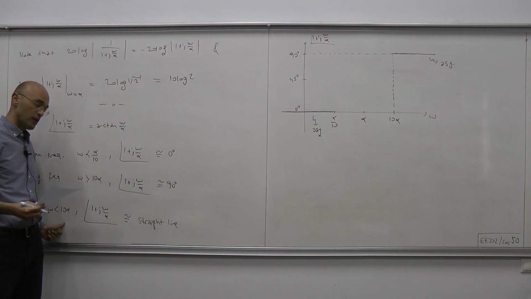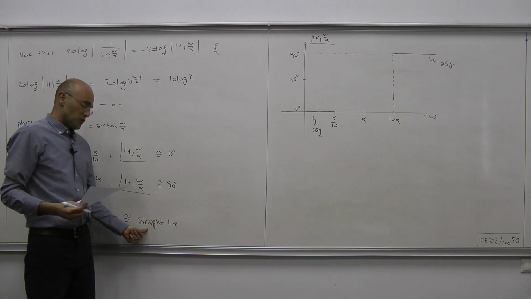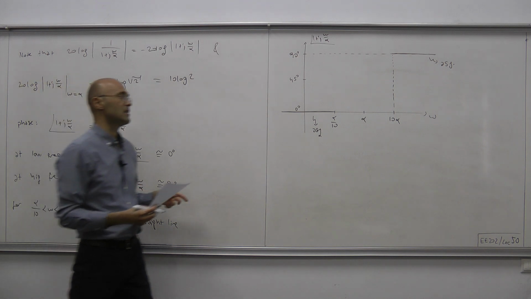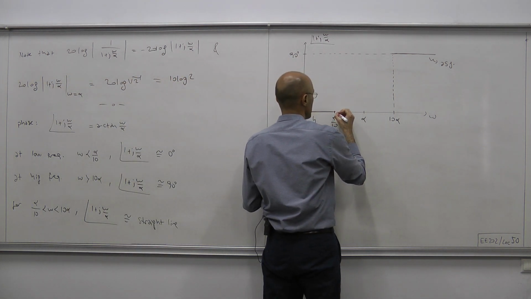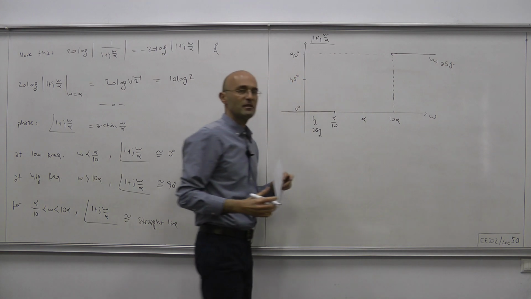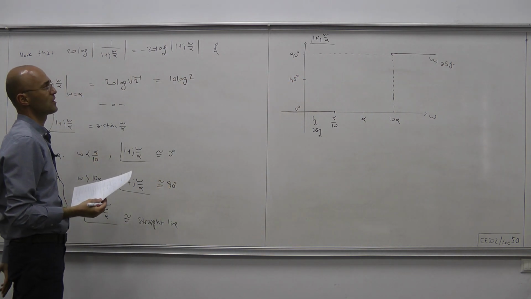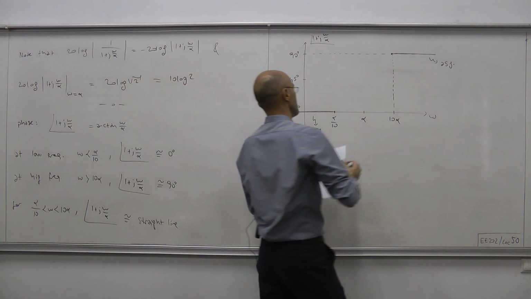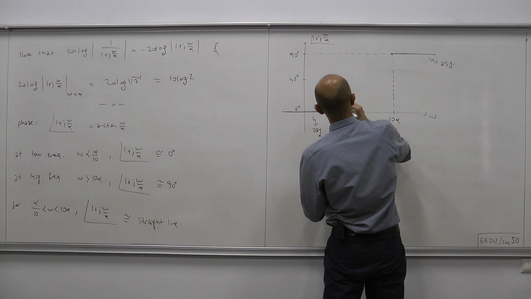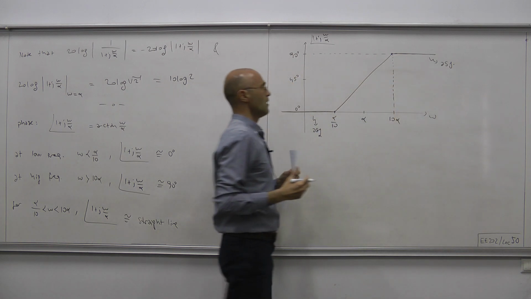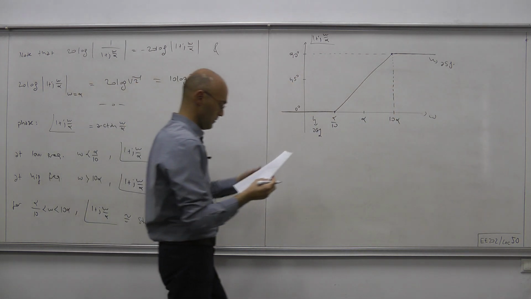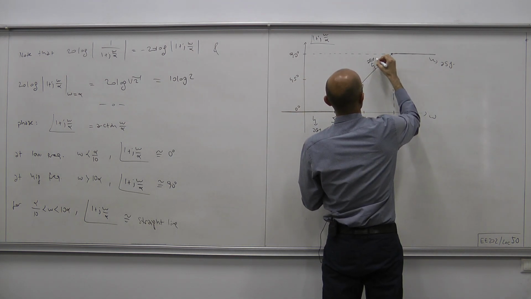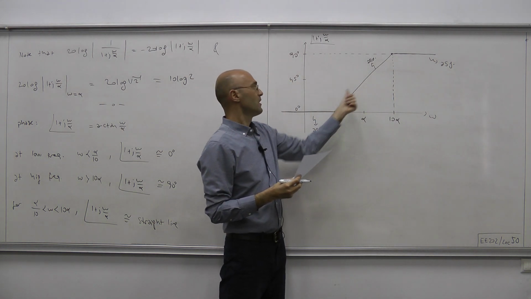For the intermediate frequencies, a straight line happens to be a good approximation, namely the line that connects the end points of our two asymptotes, the low frequency asymptote and the high frequency asymptote. We connect those 2 points, and that's our intermediate frequency asymptote or approximation. This is also an asymptote, and it is a straight line.